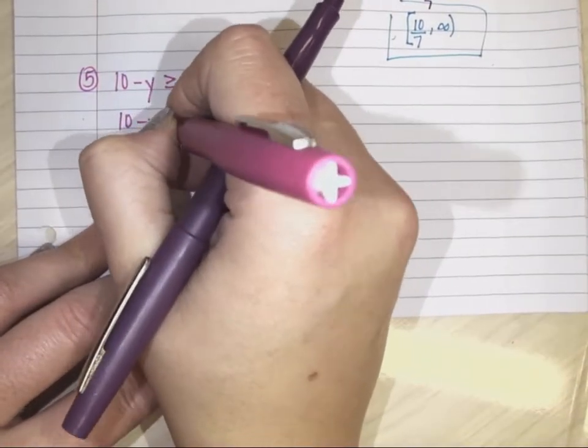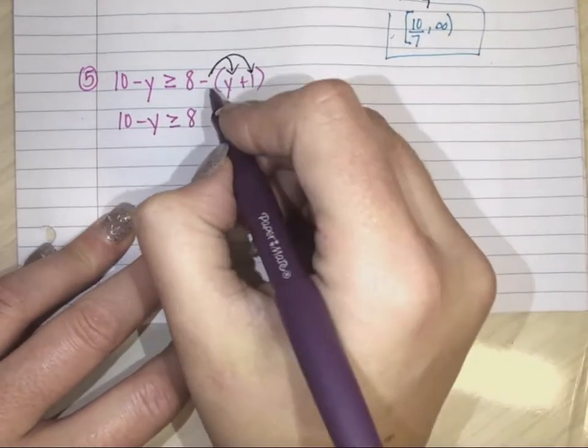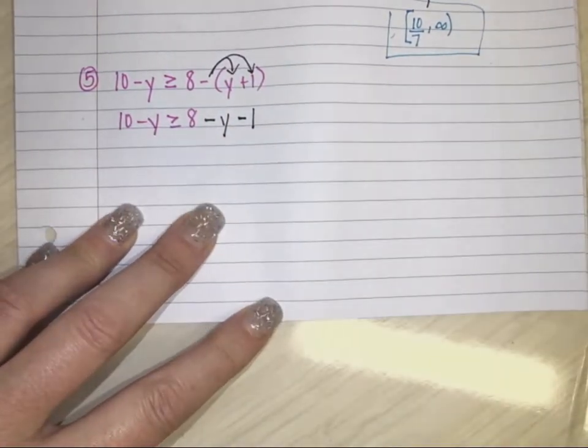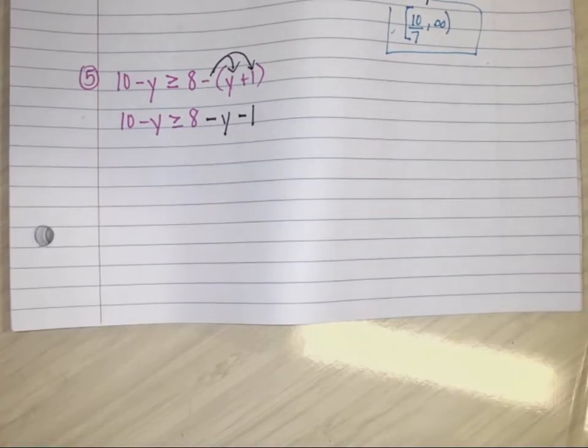Bring everything else down just like it is, except for this part. So that's going to become negative y minus 1, or minus y minus 1, either way you want to say it.